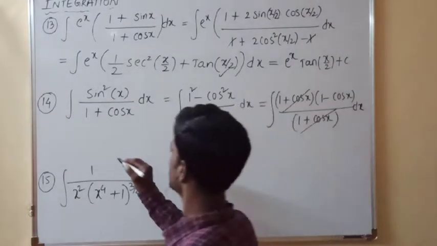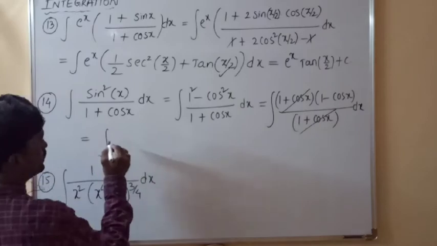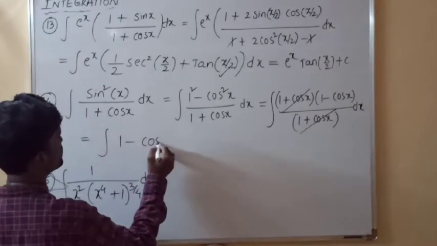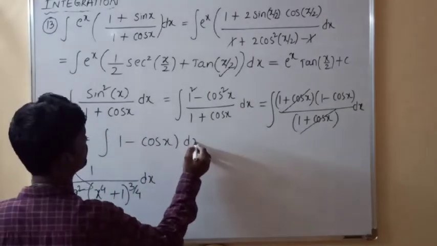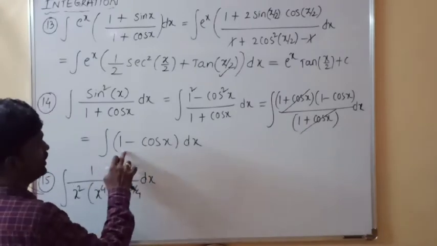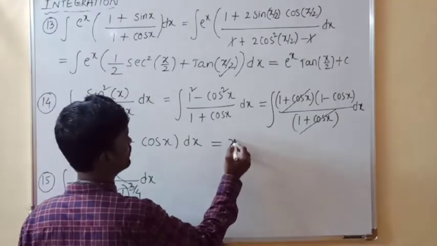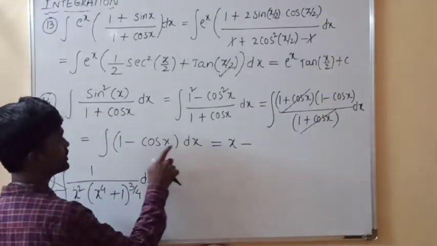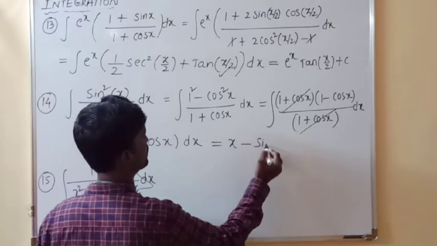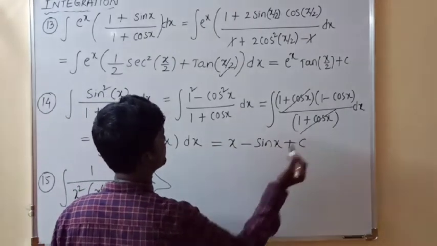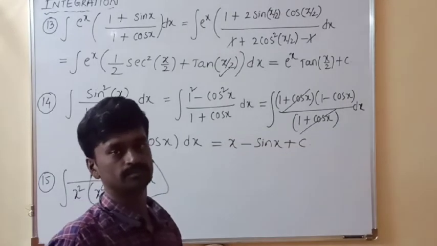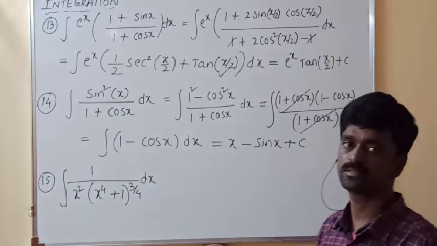Okay. So then what is remaining? Integral 1 minus cos x into dx. So integral 1 into dx is x, minus integral cos x into dx is sin x, plus c. So the answer is x minus sin x plus c.